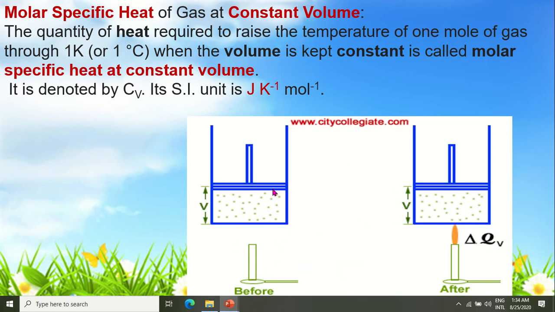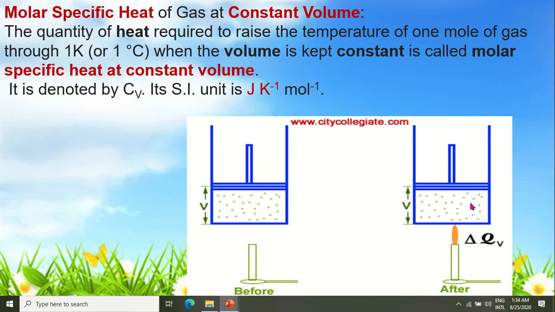Look here, before heating, some amount of gas is kept in a cylinder. A piston is tightly fitted in it. Then before heating, the volume of the gas was V, and after heating also the volume of the gas is the same, that is V. So here volume is constant, and as you have seen in the isochoric process, when volume remains constant and heat is supplied to the system, then the external work done will be 0, because there is no change of volume.